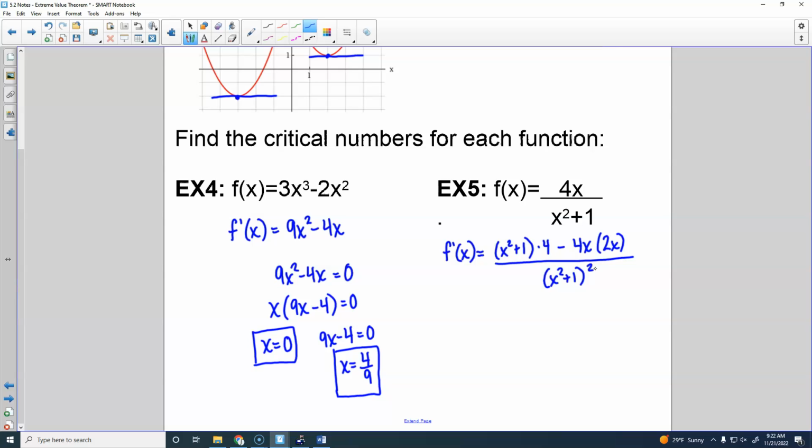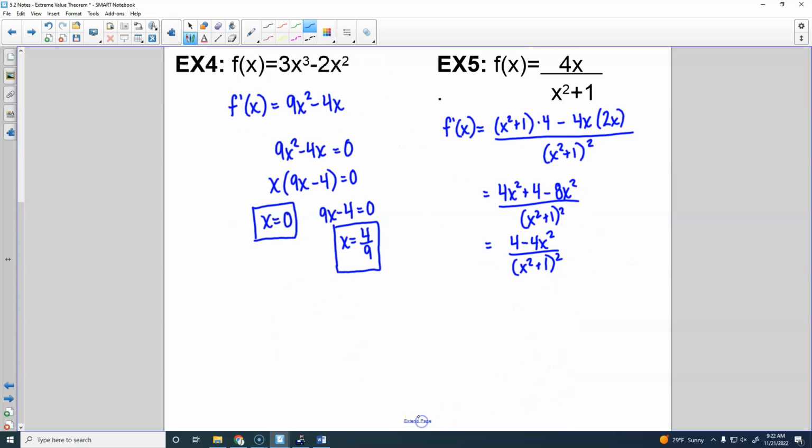You don't necessarily have to simplify, but it'll probably help you a little bit if you do. So 4x squared plus 4 minus 8x squared gives 4 minus 4x squared over x squared plus 1, squared. So that is our derivative.